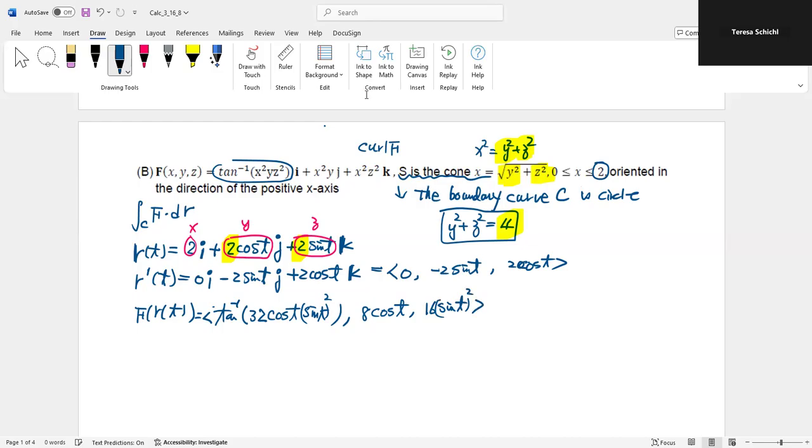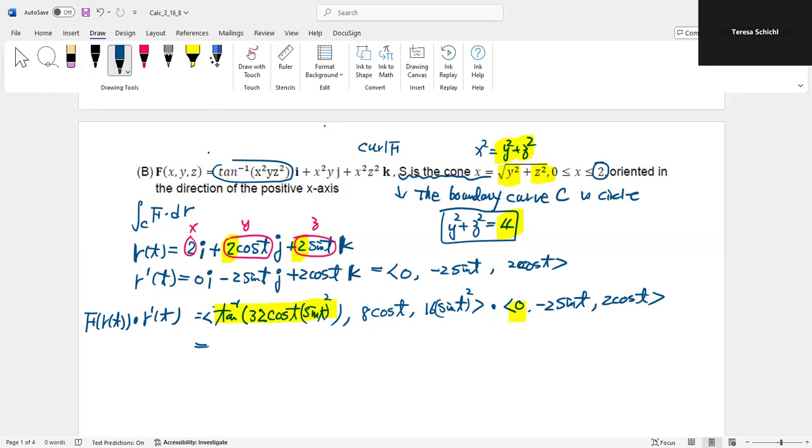Now I'm going to dot product with r prime t, so it's 0, negative 2 sine t, and 2 cosine t. Let me rewrite this: F(r(t)) dot r prime(t). You see here, when you do a dot product, this complicated term disappears because it's multiplied by 0.